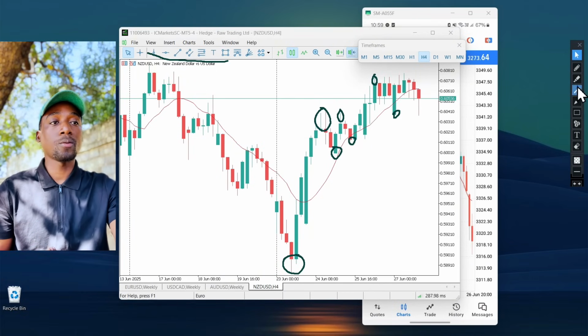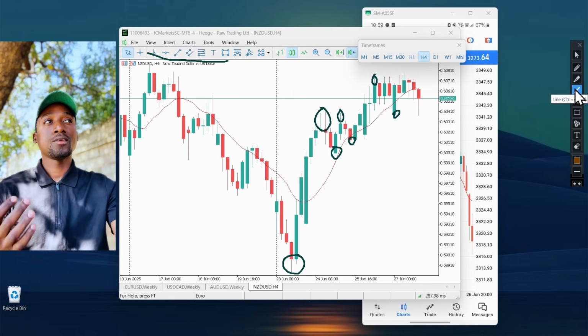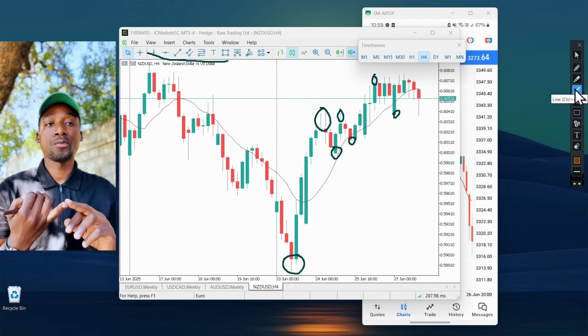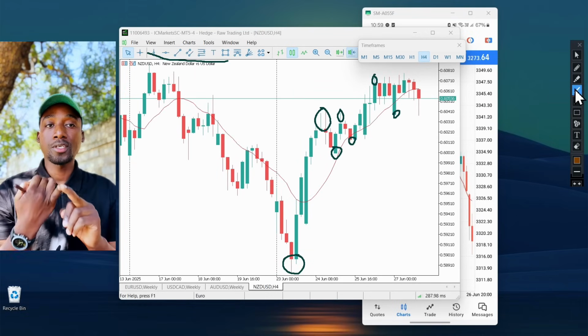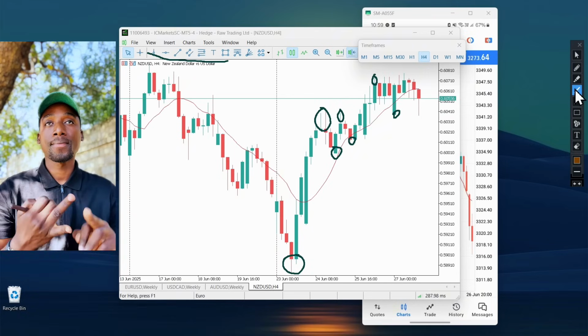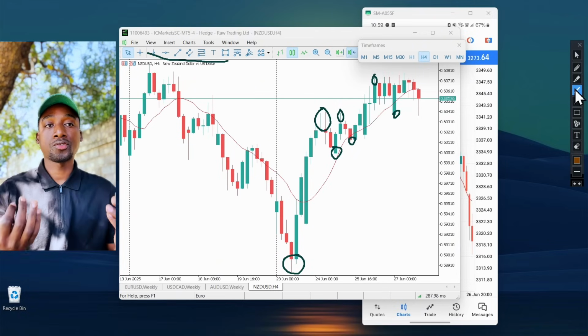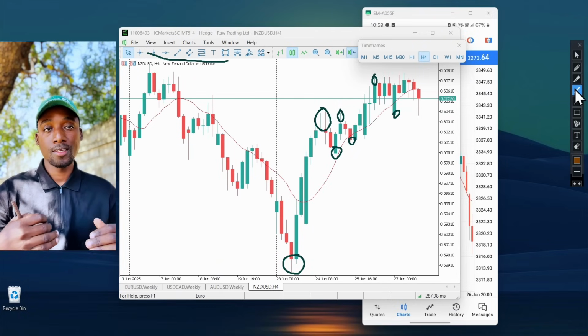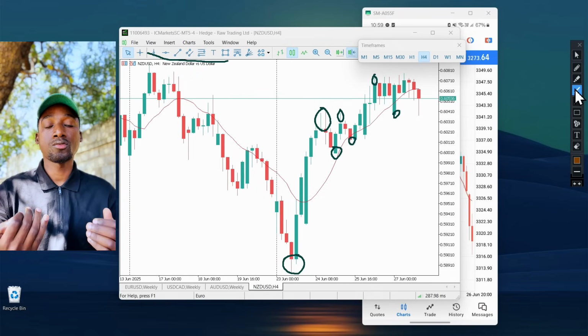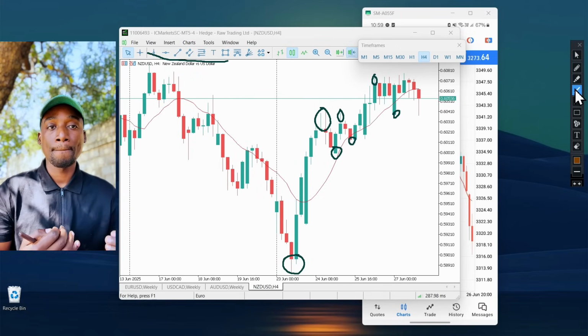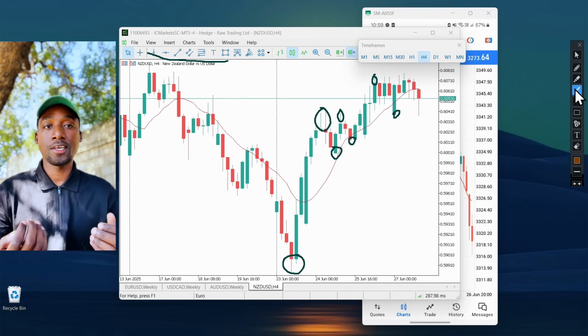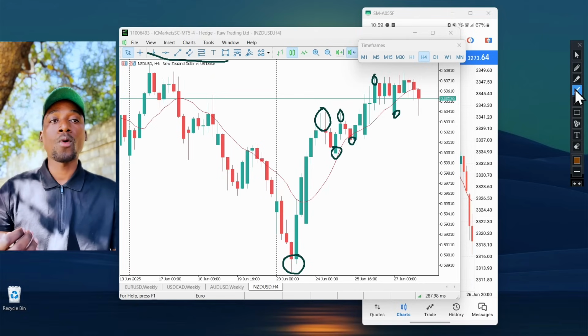It's that simple. So these drawing tools, we are using them to understand whether the market is trending up or trending down, and also whether the market is ranging, moving sideways, so that we can find entries to make a buy or a sell. So the market context here is to understand what time frame we are using.